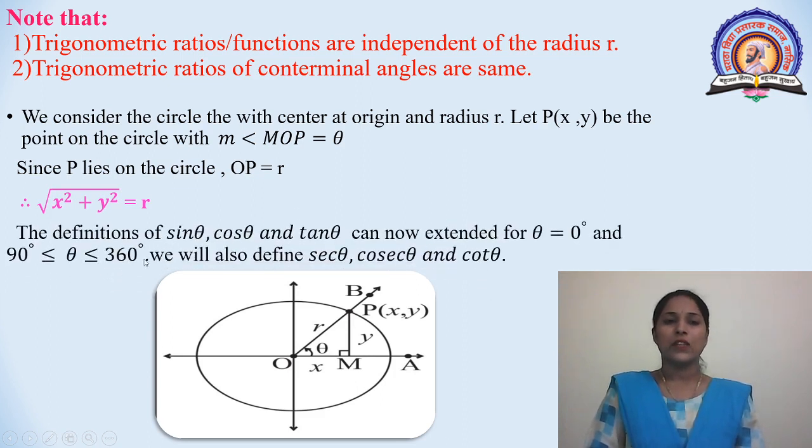Now the definitions of sin theta, cos theta and tan theta can be extended for theta equal to 0 degree and 90 degree less than or equal to theta less than or equal to 360 degree. We will also define sec theta, cosec theta and cot theta.